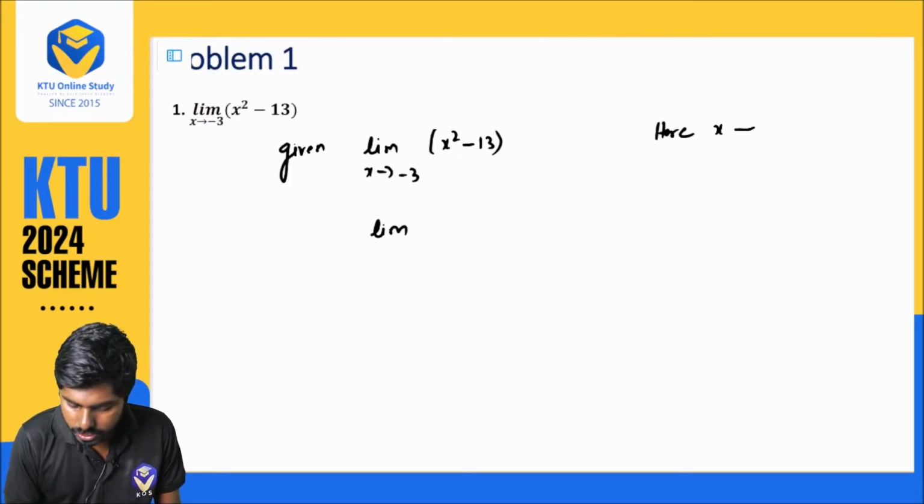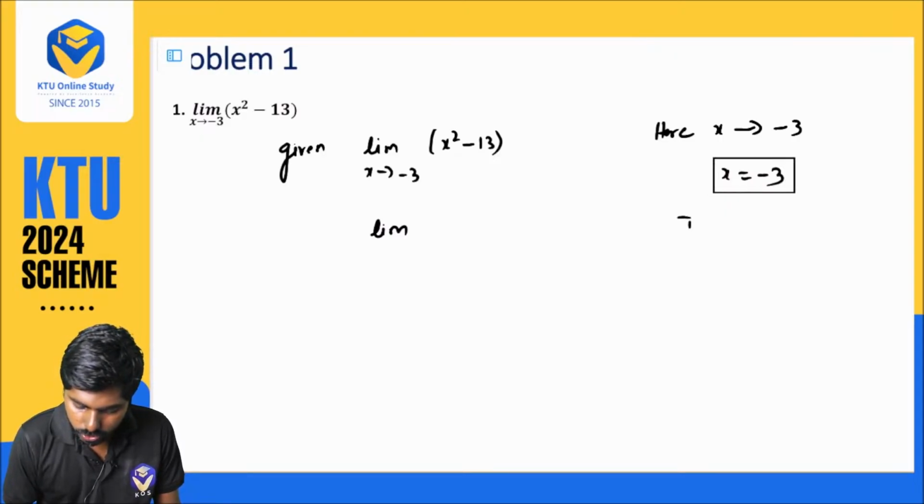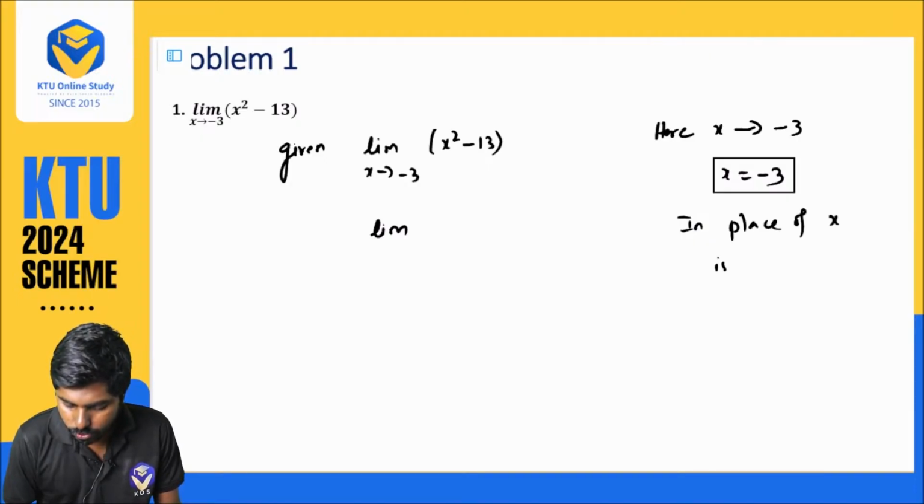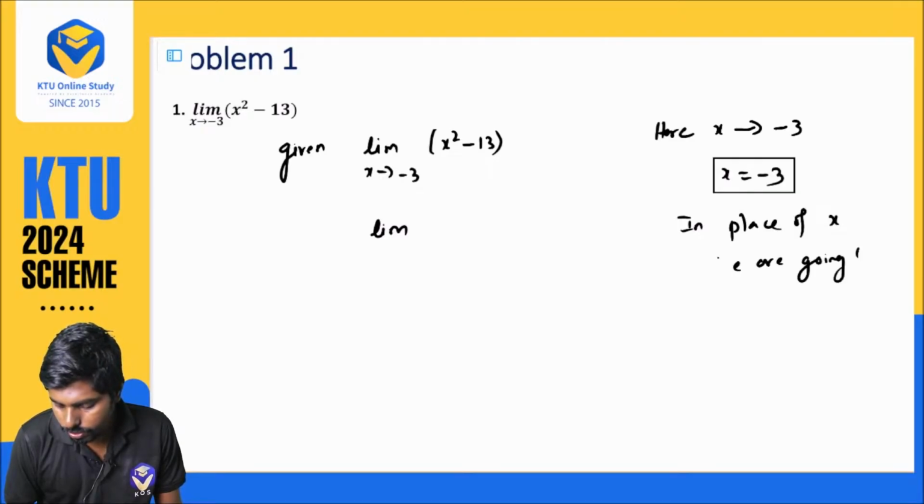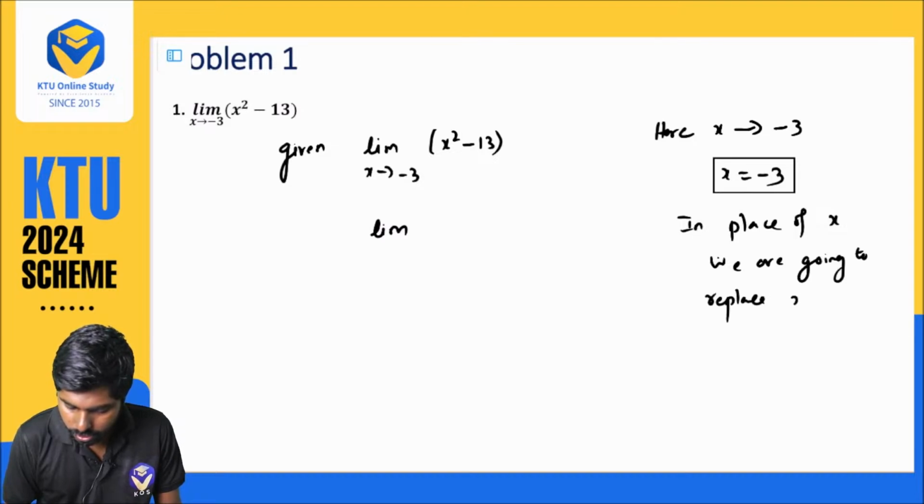Here x approaches -3, that means x is equal to -3. So in place of x, we are going to replace x by -3.